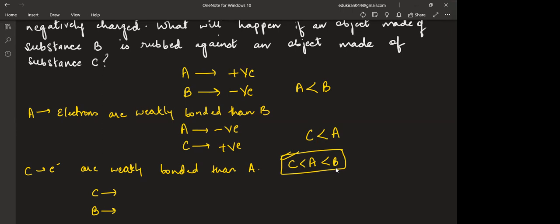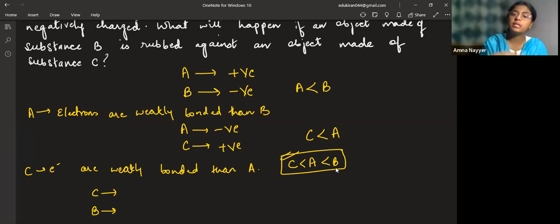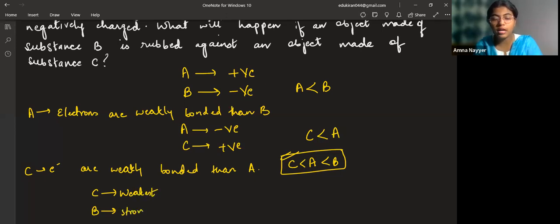So C is allowing the electrons to move out. And if the electrons escape, the body is positive because it has weaker forces. This is the weakest of all, this is the strongest of all. So this will become positive since it will lose electrons, and this will become negative since it will gain electrons.